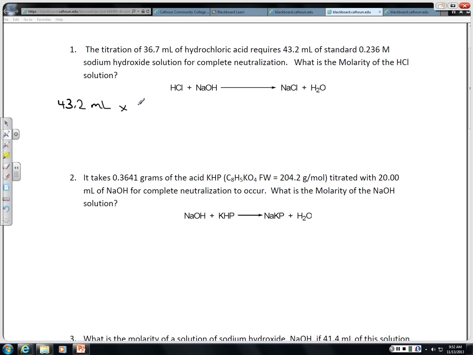Okay, and so if we multiply times molarity, okay, molarity is equal to millimoles per milliliter, or moles per liter. Okay. There's our millimoles.